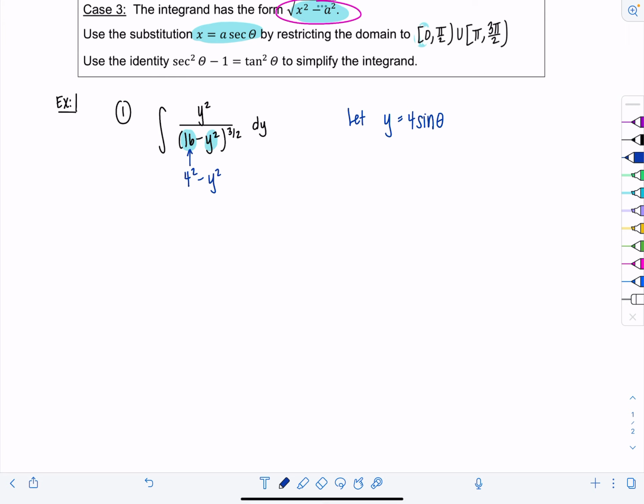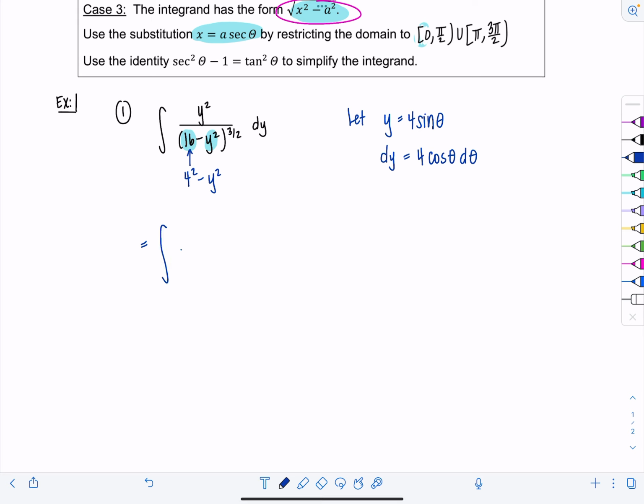Very nice. Next step, we want to figure out what dy is. So let's differentiate both sides here. dy is going to equal 4 cosine theta d theta. So now let's substitute everything into the integral. So we have all of our terms using theta, no more y's. Here we go.